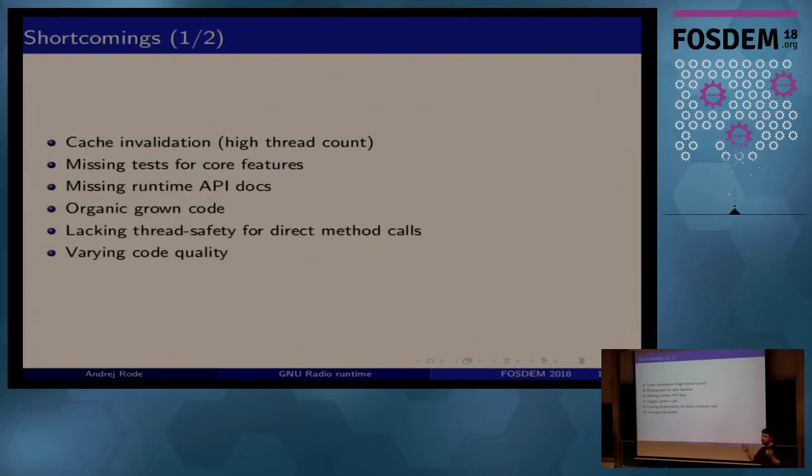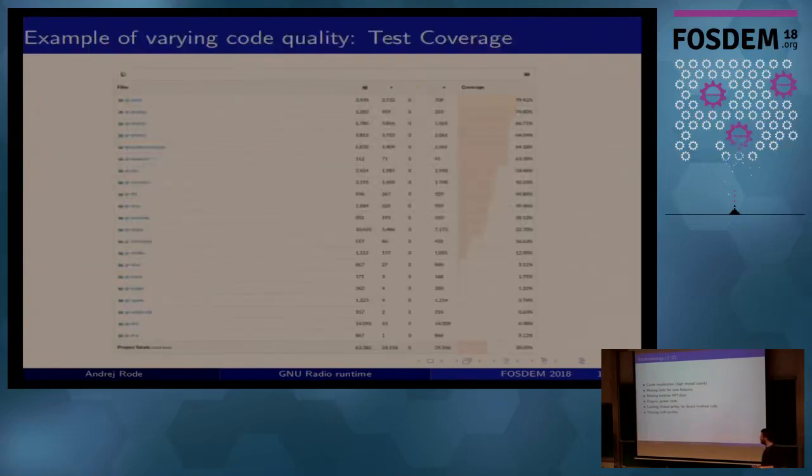So if you have your flow graph in Python, you can actually call into blocks and trigger and call functions, but most of them are not really thread safe, and we have no real means to protect that right now. And also we have a lot of varying code quality, so a lot of contributors over the years contributed different parts, so that's also quite natural.